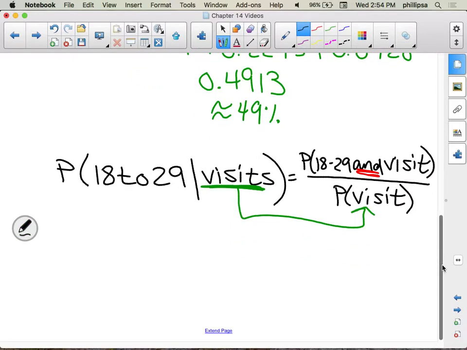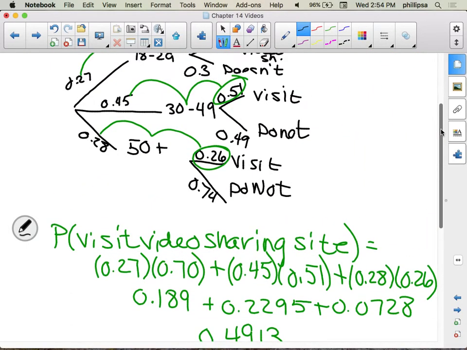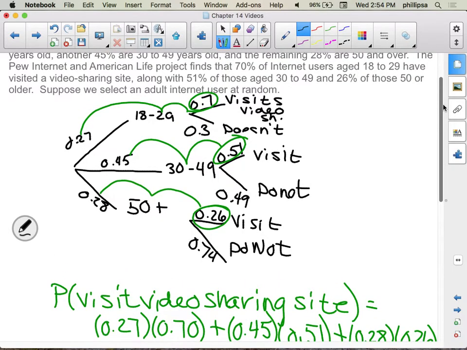And the top for a conditional probability is always the probability of both happening, okay? So the probability that they're 18 to 29 and visit, right? So that's that kind of top level there, right?